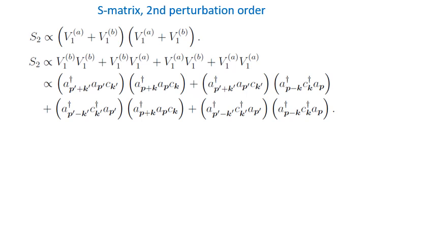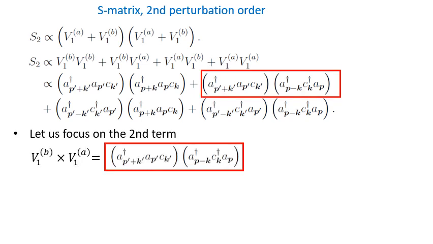Now, let us turn to a more complicated calculation of the second order S matrix, which is a sum of 4 terms. We will focus on the second term in this expression.